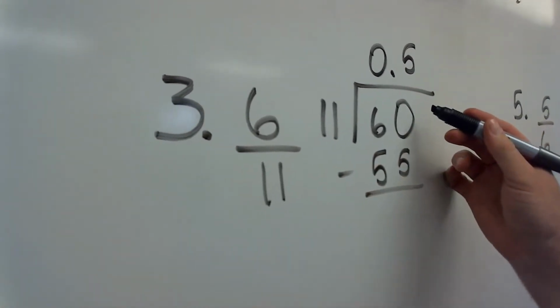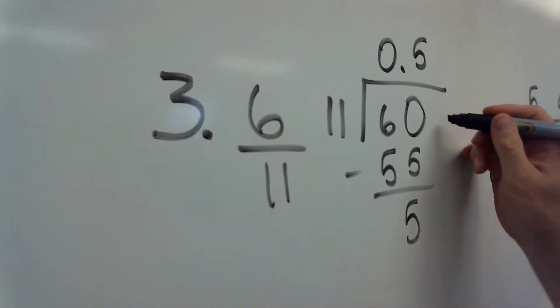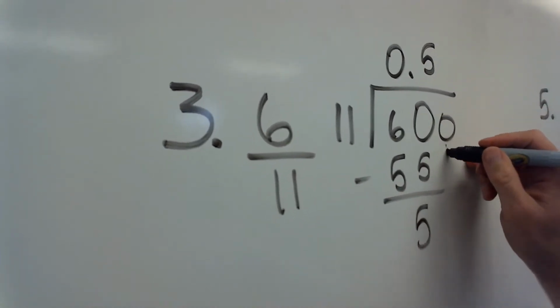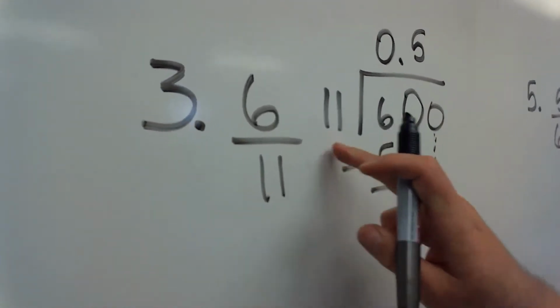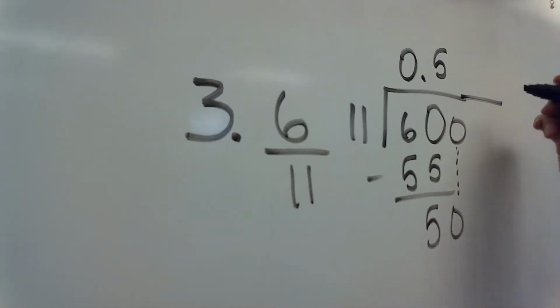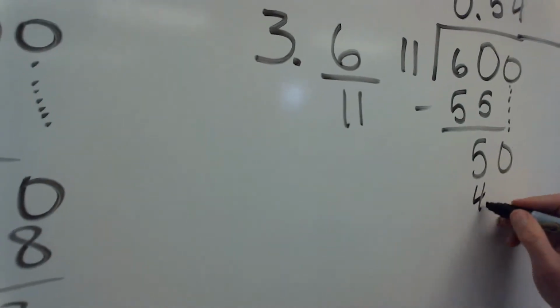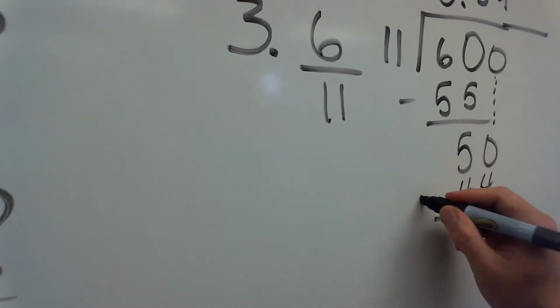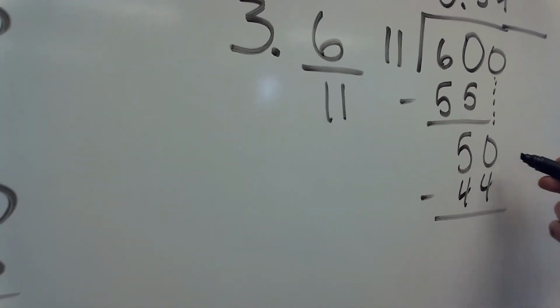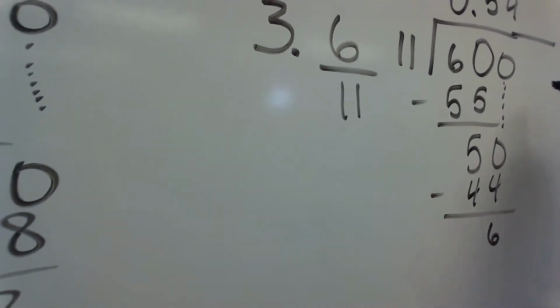Subtract that from 60 and we get 5. Bring down a 0. 11 goes into 50 4 times. 4 times 11 is 44. Subtract 44 from 50 and we get 6 as a remainder.